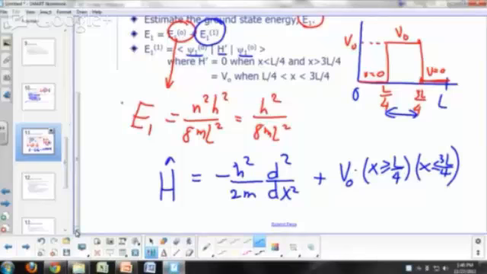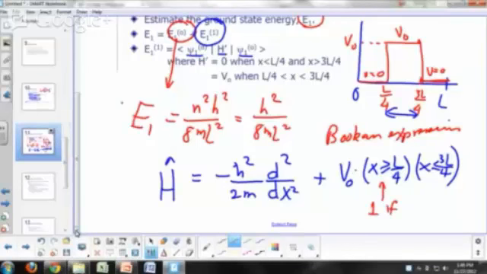This is called a Boolean expression. This is 1 if true, 0 if false. So in other words, if x is greater than or equal to L/4, this is going to be 1.